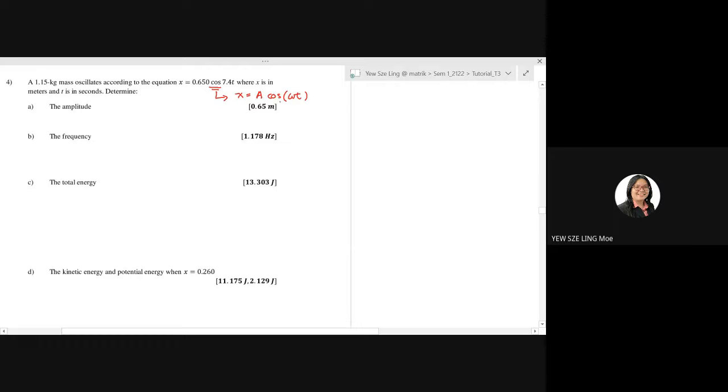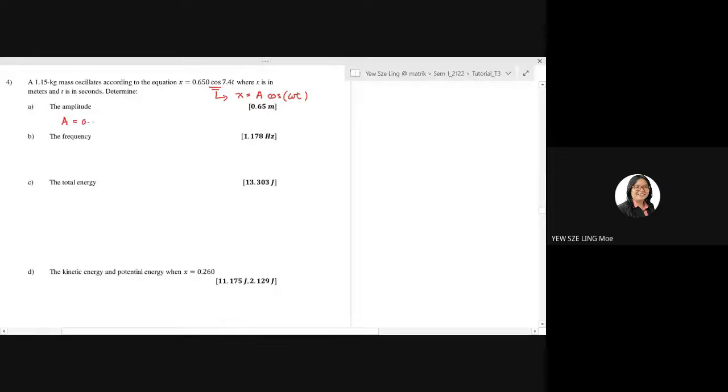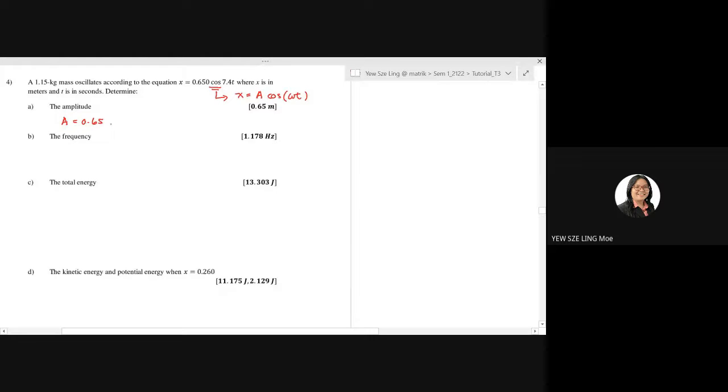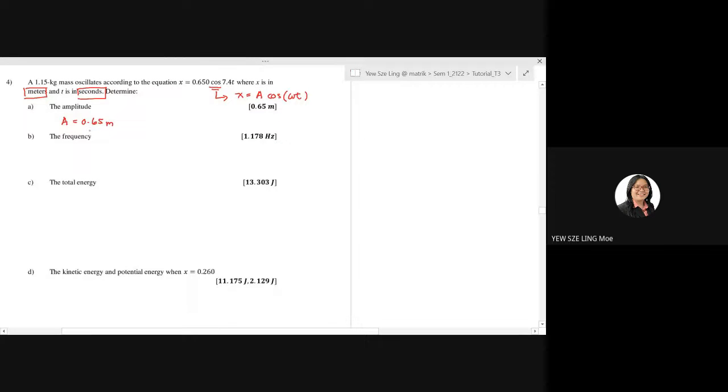By comparison, we obtain the amplitude A equals 0.65 meter. Why? Because the question tells you now your x is in meter and time is in second. So A equals 0.65 meter.